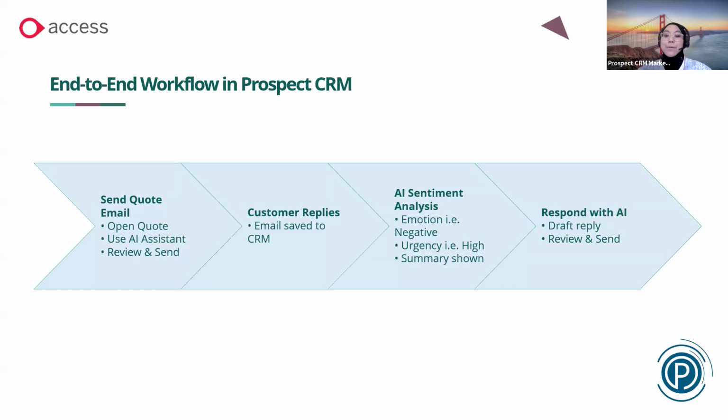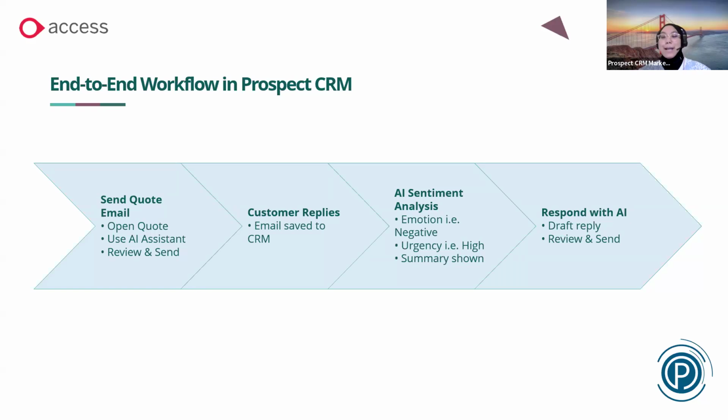And then the customer replies back to you, and the email is saved into CRM again via Save to CRM or auto forwarding or BCC to your mailbox. The sentiment analysis kicks in, whereby it will read the inbound emails and tell you whether they are negative, high priority, and then it gives you a summary of what the email is all about.